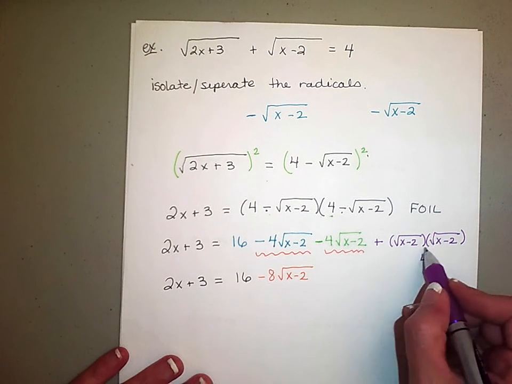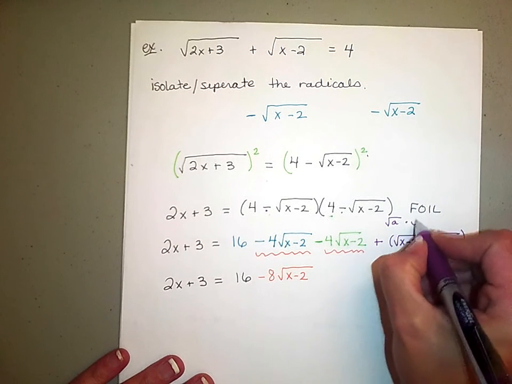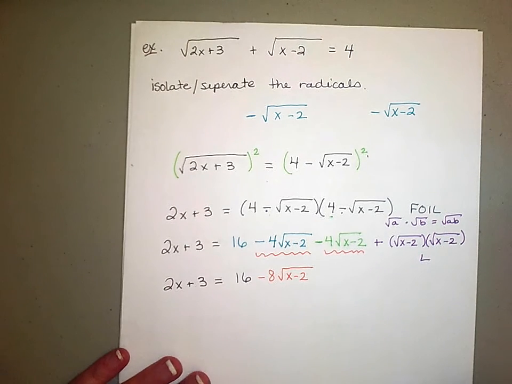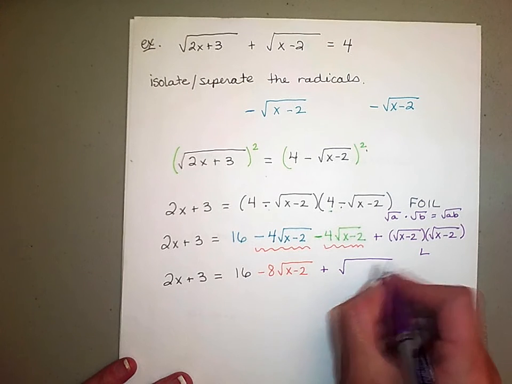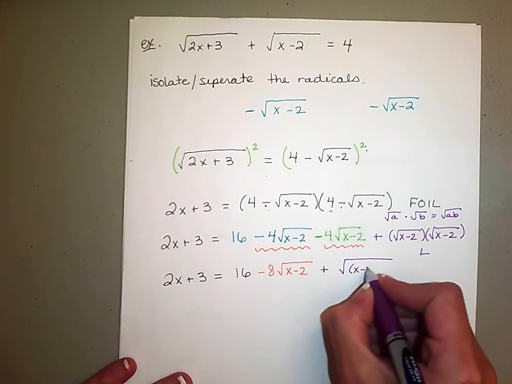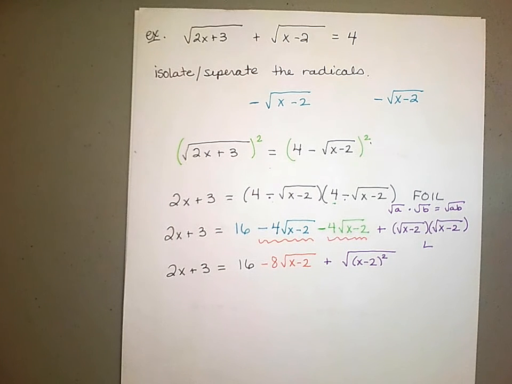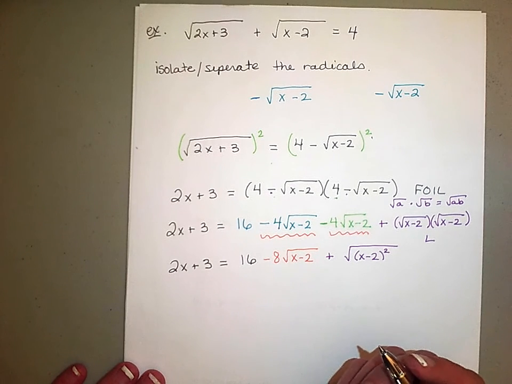Now here what happens is that, remember, when you're multiplying radicals, you can just put them together underneath. Okay, so I have plus, and now this is the square root of x minus 2, that quantity squared, which will be helpful for us.